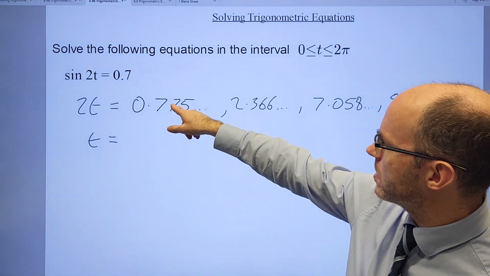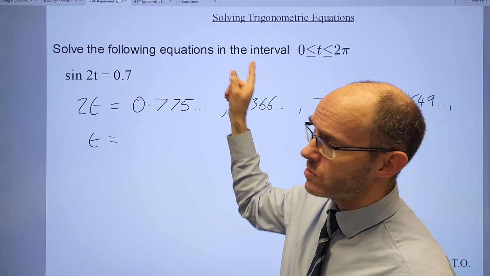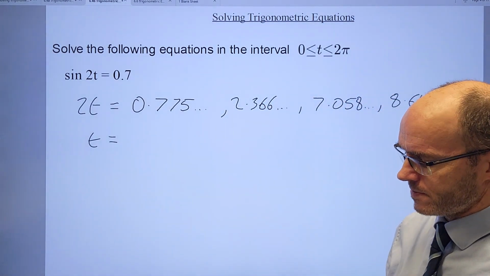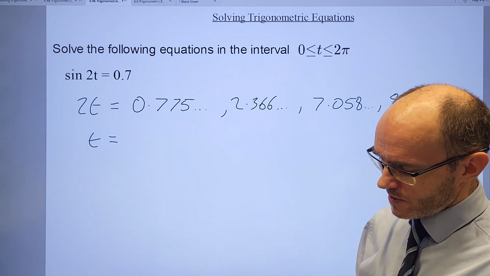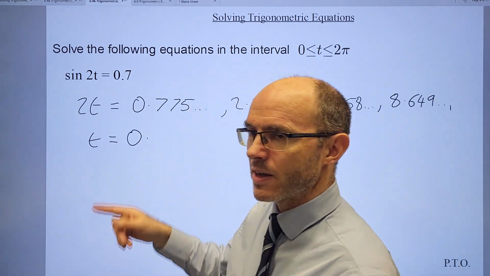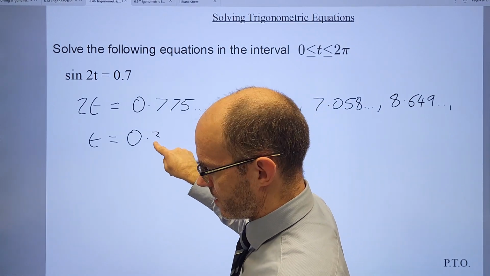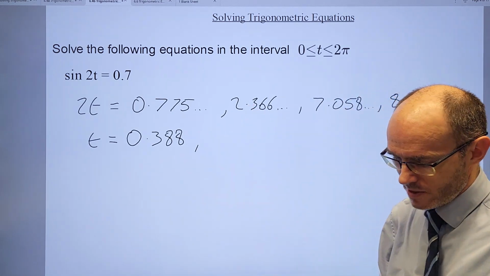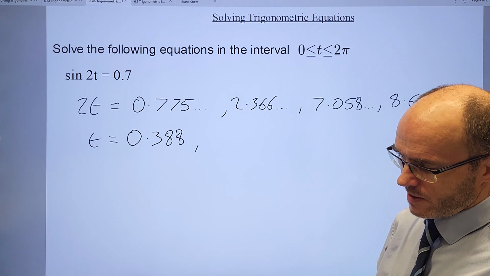So you can do that divided by 2, that divided by 2, that divided by 2, that divided by 2. It doesn't say how to leave your answers. Often it says give it to 3 significant figures or something like this. So I'm going to start with that one there. Notice every time I do this, I get my calculator out again and I get the exact value. So 0.388 for that one, and then this one: pi minus that answer.